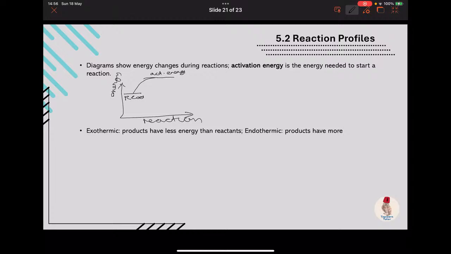And it will reach down here, the products. And the energy will go down there. Now this here, the change is the amount of energy released. Now as the energy is released, the temperature of the elements has decreased.